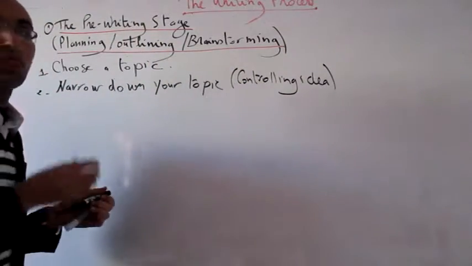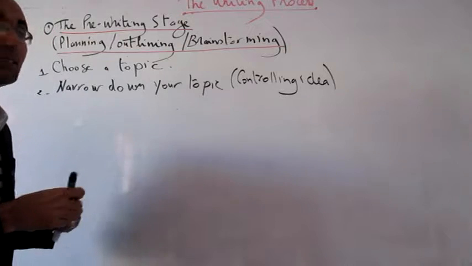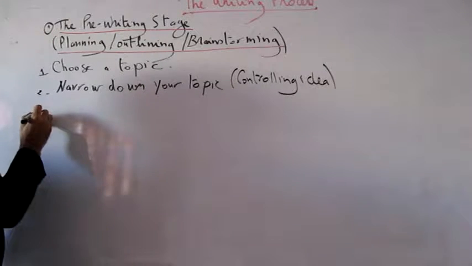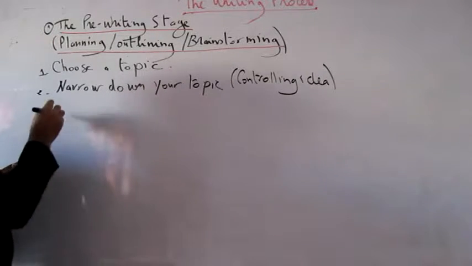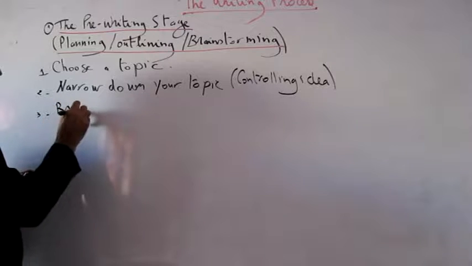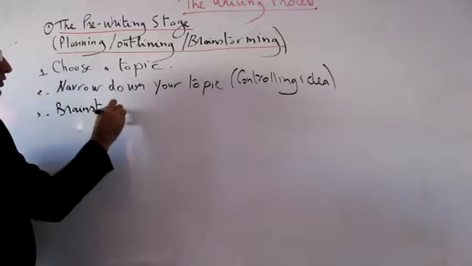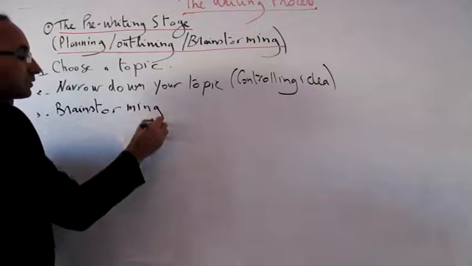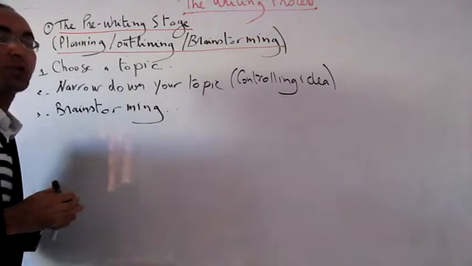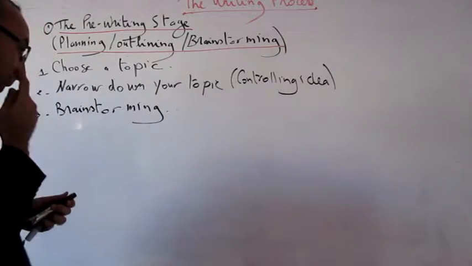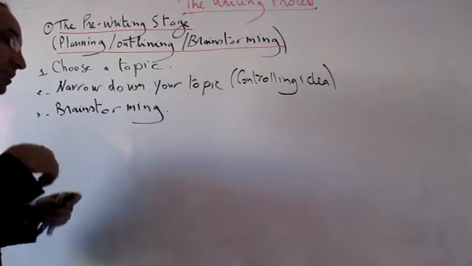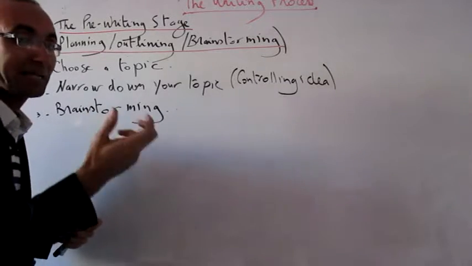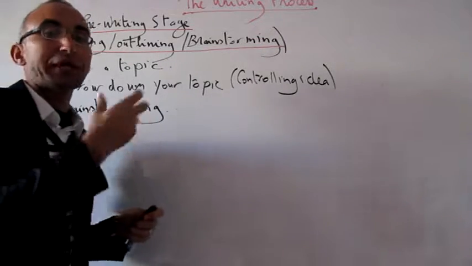Now I go to the step of brainstorming. Number 3, brainstorming. What do you mean by brainstorming? As you see, this word or term implies the use of the brain.